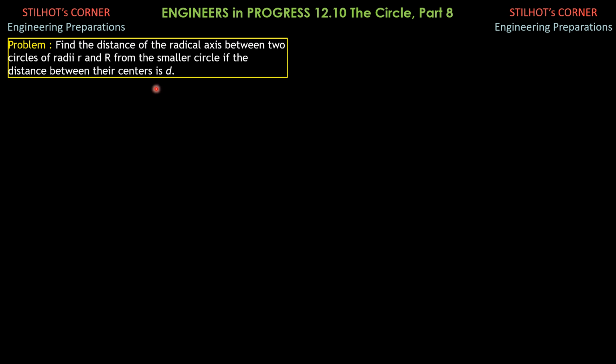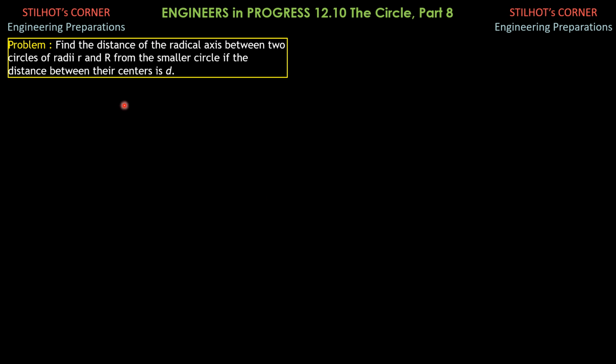However, this formula is applicable to all cases, even if the center is at any other point of the smaller circle and the center of the other circle, the bigger circle, is at another point.